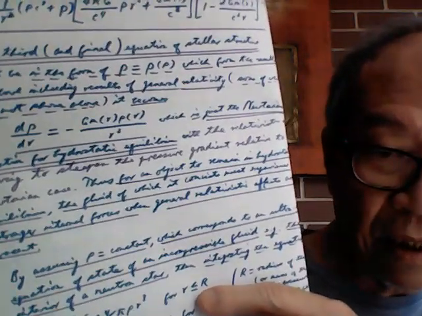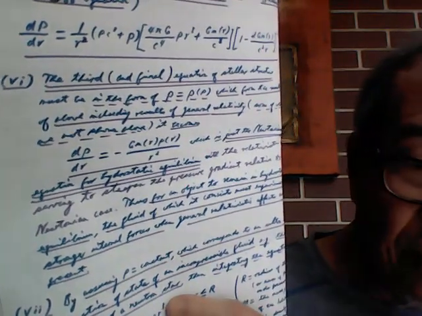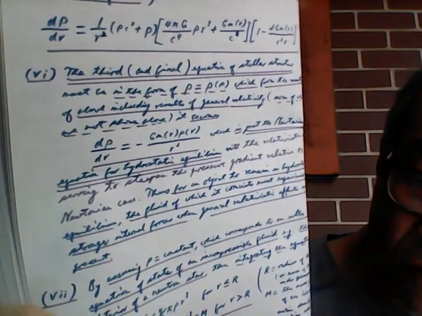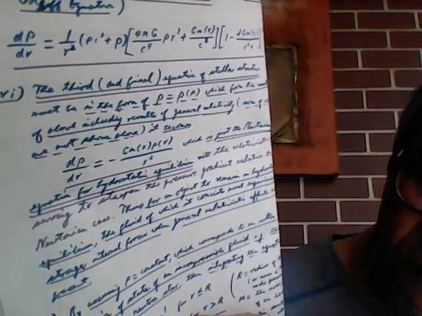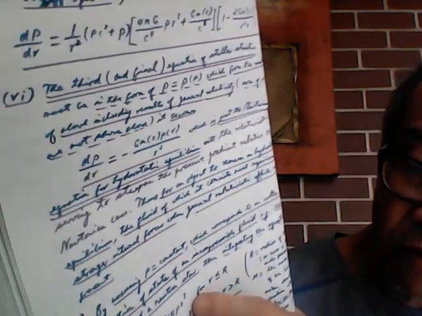So by integrating the above equation, dp/dr equal to minus G m(r) rho(r) divided by r squared, we get m(r) equal, when r is smaller than or equal to big R, to 4 divided by 3 pi rho r cubed. When r is bigger than R, it is equal to 4 divided by 3 pi rho R cubed, which is identically equal to M. What are M and R?